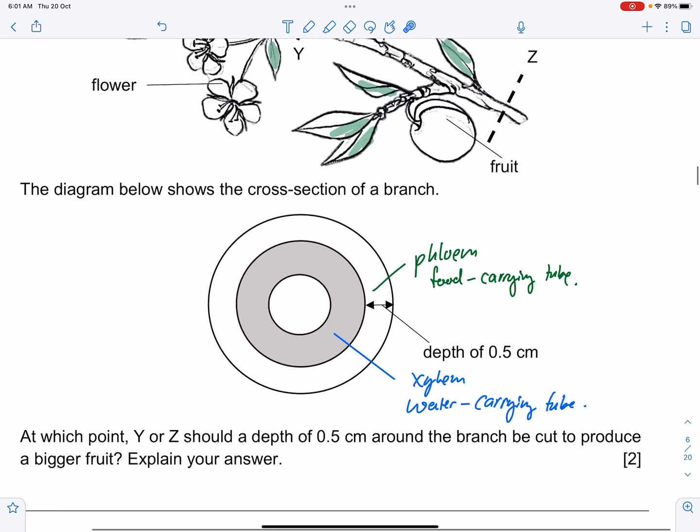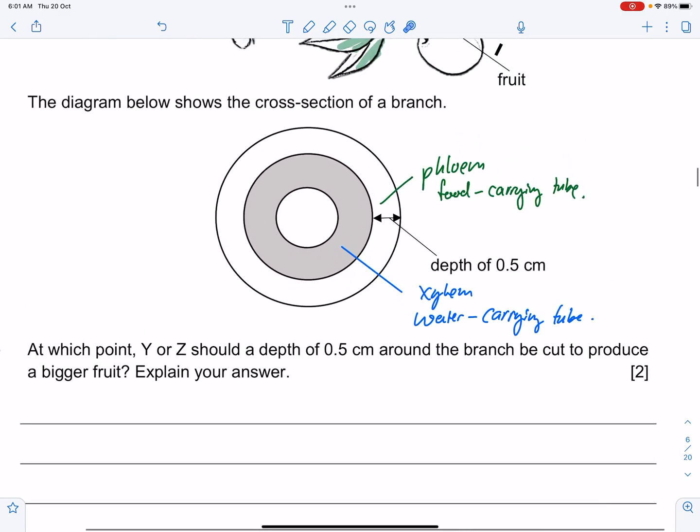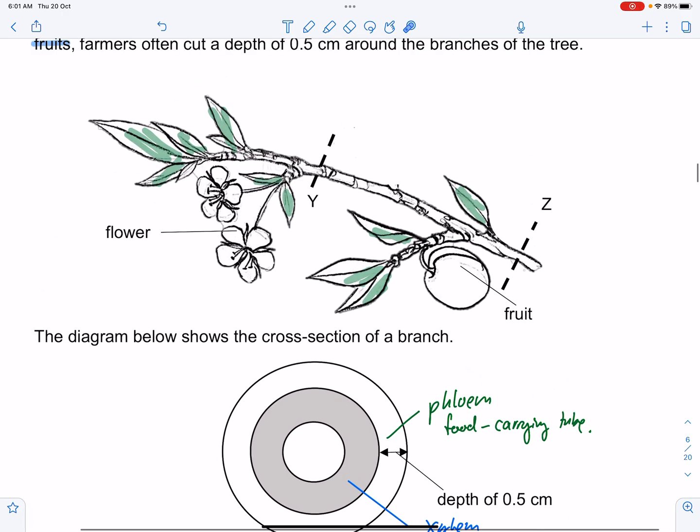Now, when talking about this type of question, with xylem and phloem, you need to explain why the food doesn't go towards the roots. Usually it will be redistributed towards your roots and other areas of the tree, because the roots are not able to photosynthesize. They will require help from the other parts of the plant to get food.